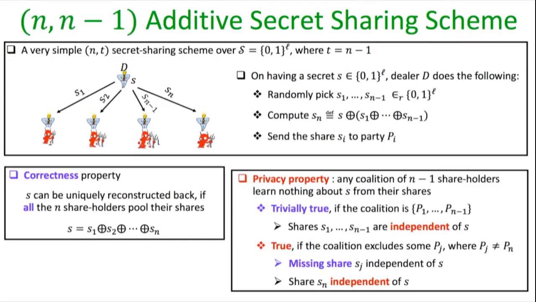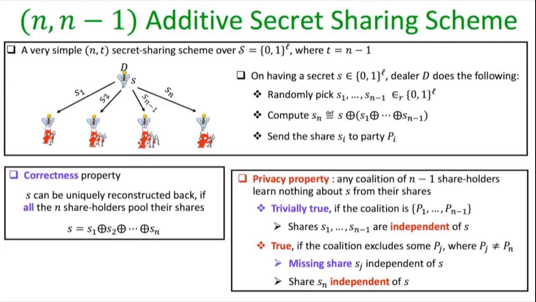Now let's see whether this simple distribution of the secret S satisfies my requirement or not. So the first requirement was that if all the n shareholders come together, they should be able to get back the secret. And this is very easy to check, because if indeed all the n participants come together, we will have all the n shares S1 to Sn available.